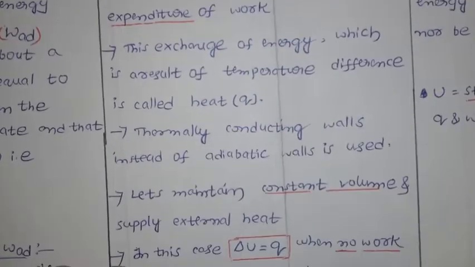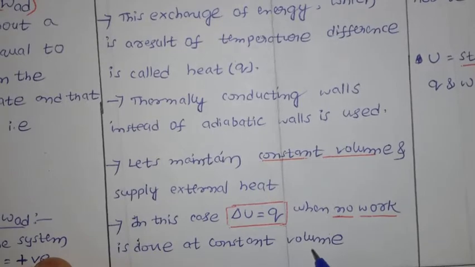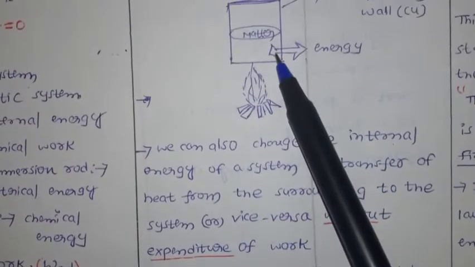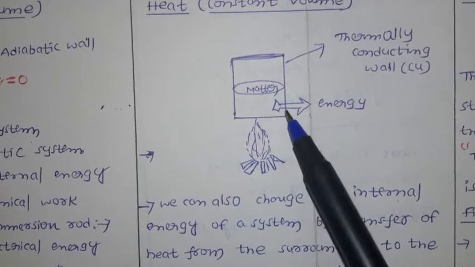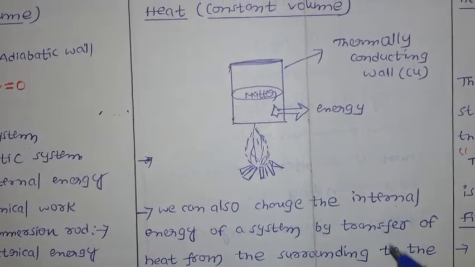So in this case, delta U equals Q when no work is done at constant volume. At constant volume, whatever the changes in heat are, Q is equal to delta U. Now here also we have the sign convention, and you should be very careful with it.